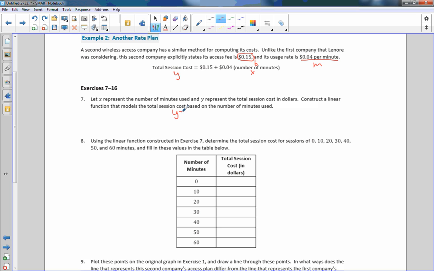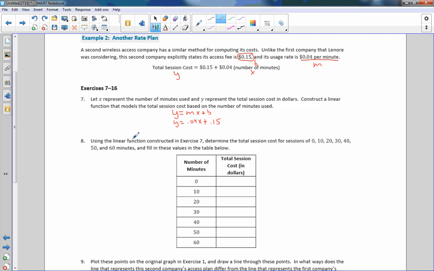So all we're doing is taking y equals our slope, which in this case is being called the constant rate, and therefore it's y equals mx plus b, where y is our total cost. The number per minute is the one that we're multiplying by, that's our slope, 4 cents per minute, 0.04x plus 15 cents to sign up or connect, and that's 0.15. So y equals 0.04x plus 0.15.